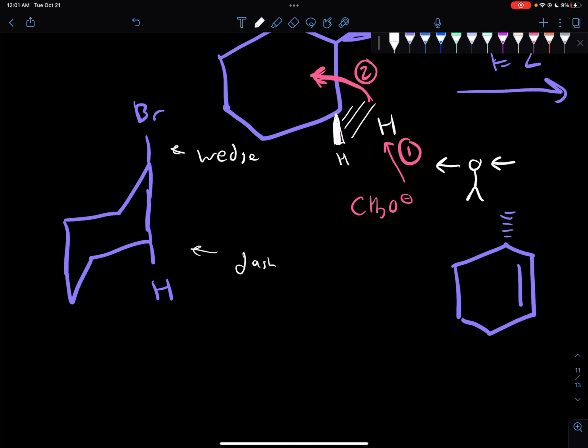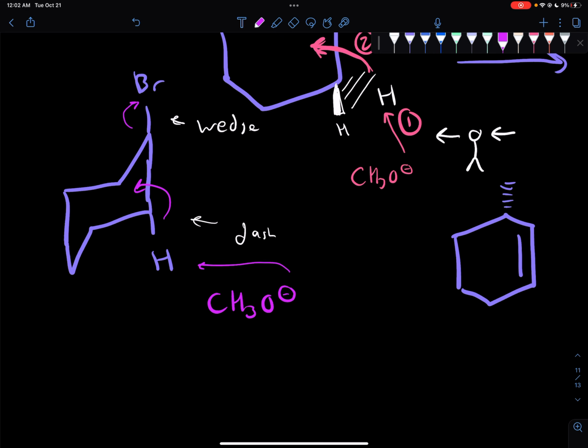The orbitals are lined up very perfectly. So if your base comes in, it will take your H, form a double bond, and kick this off. Look at that, it's a straight line. It's just so simple. That's why E2 wants anti-coplanar.